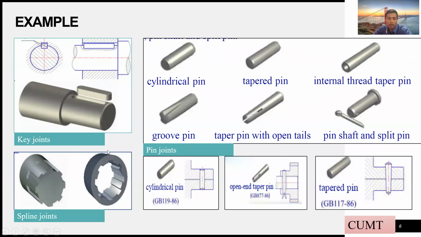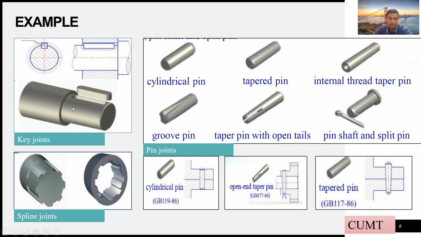There are various kinds of connections, and they are key joints, pin joints, and splines. As we can see in this picture, this is how key joints look. It is rectangular, but both ends are curved.